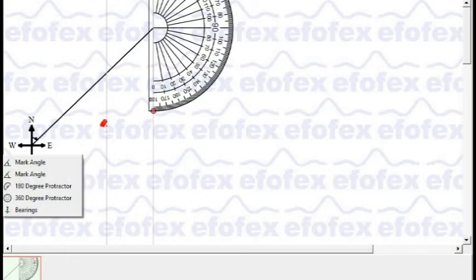And this is now going to be south. And from the south we have to make 20 degrees to the east side. So let's just get a bearing. From there on, we need to have 20 degrees to the east.